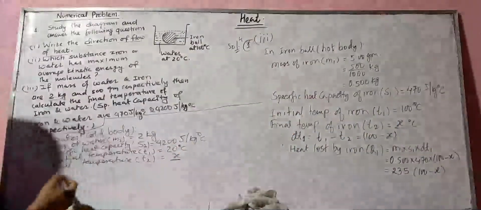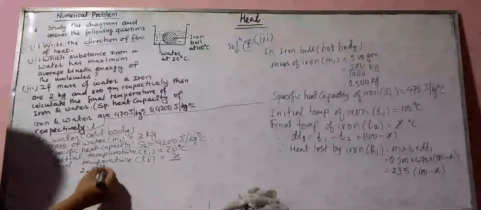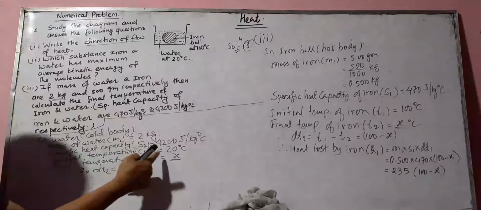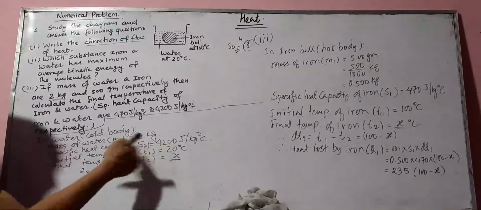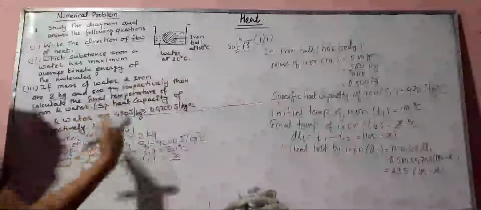So dt2 is equal to T2 minus T1, which is X minus 20, because the final temperature here is greater than the initial temperature as the water becomes hot. It gains heat energy.